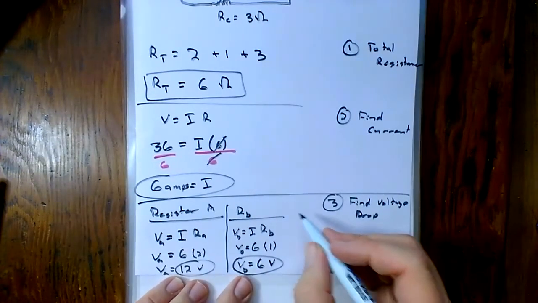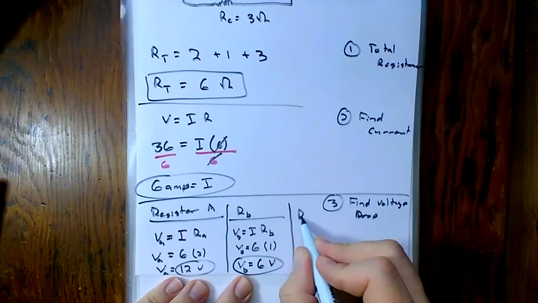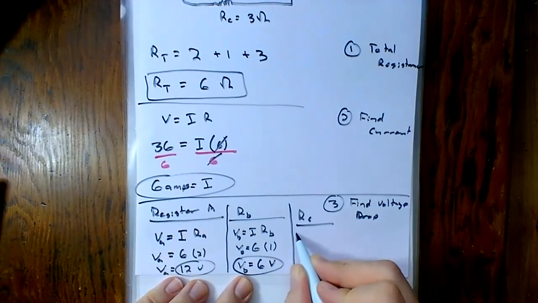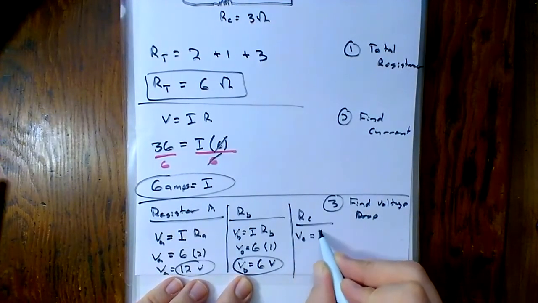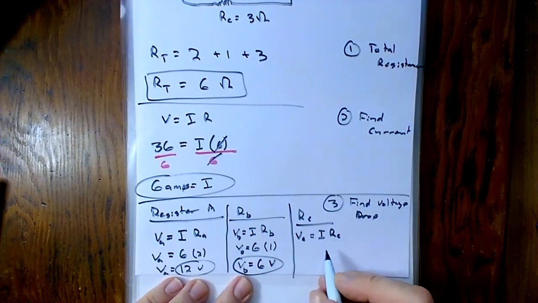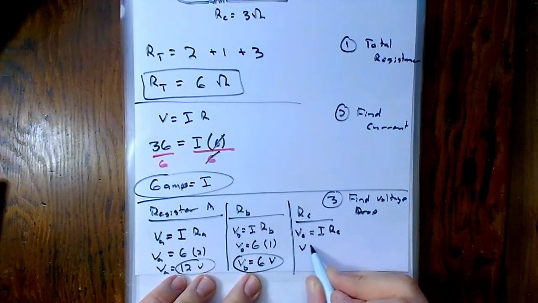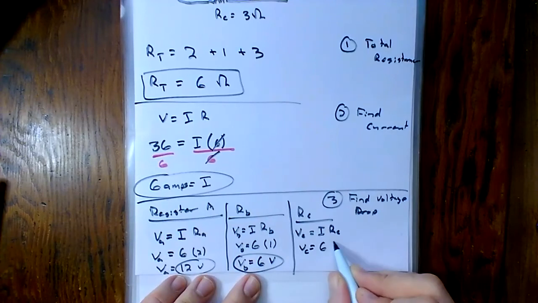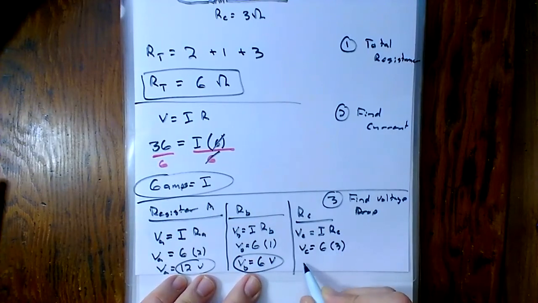Well, what about resistor C? For my voltage drop for C, that's going to be my current times the resistance C. So my voltage C is going to be 6 times 3, which is going to end up being 18 volts.